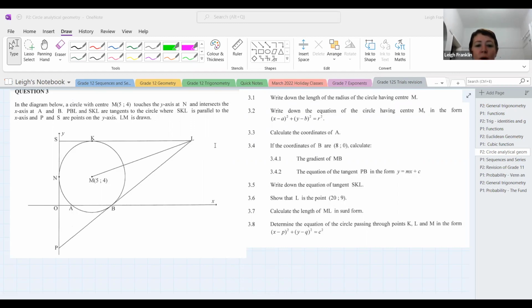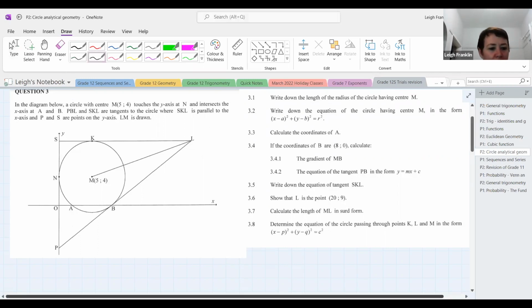All right, 3.1. They want us to write down the length of the radius of the circle having center M. What do you guys think? How can we look at the diagram and figure out what the length of the radius is?